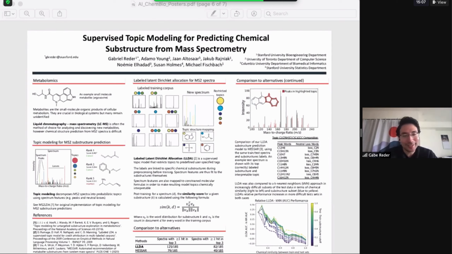What we're looking at is increasingly difficult subsets of test spectra that correspond to very chemically different molecules from the training spectra. And what we're seeing is performance compared to a standard baseline K nearest neighbor model, corresponding to what a database search might produce. As we go from bottom to top, we're looking at increasing relative performance of this topic modeling approach compared to the baseline in this stress testing.